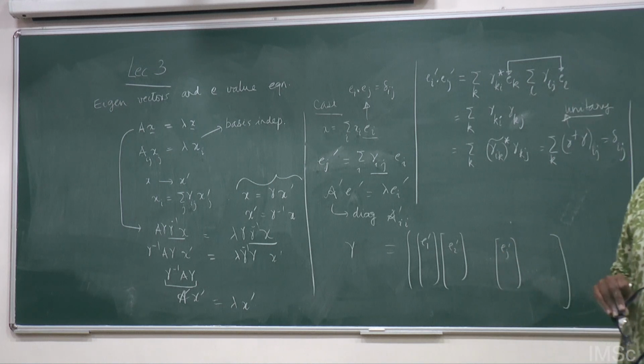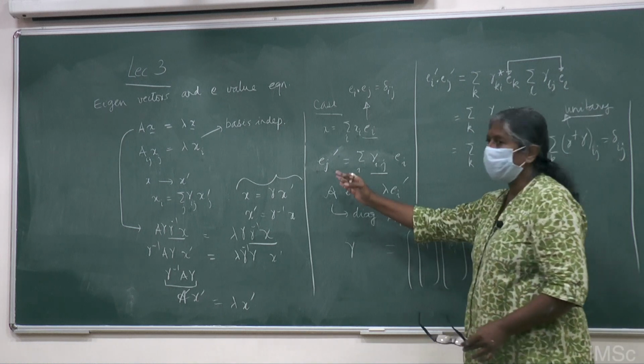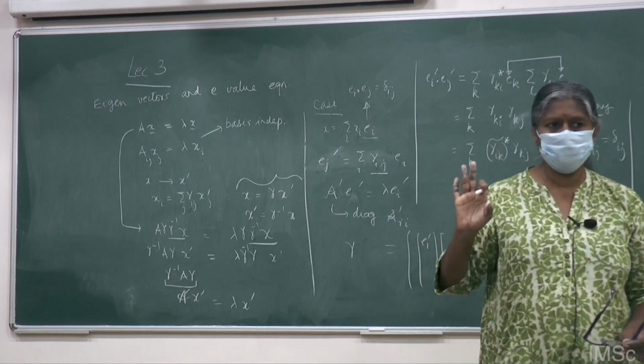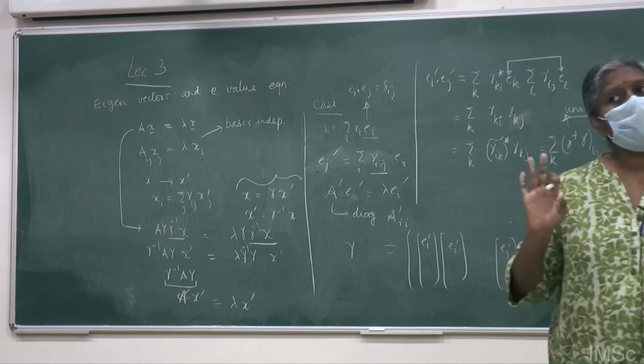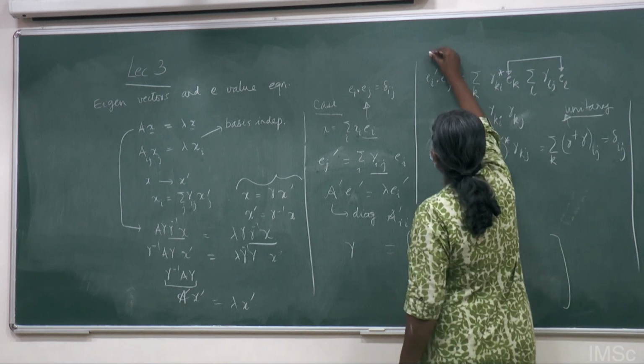Let's look at finite dimensional vector spaces, not infinite dimensional ones. And I can always, by the Gram-Schmidt procedure, make a set of orthogonal bases. So in fact, I think the argument should be the other way around.